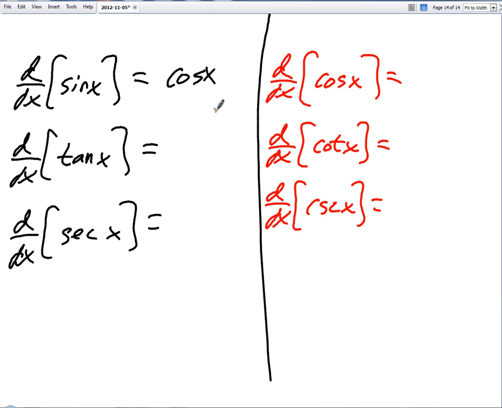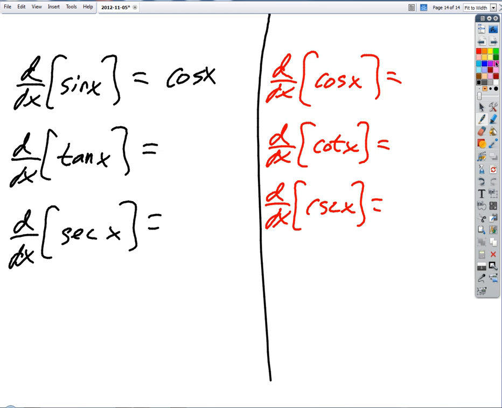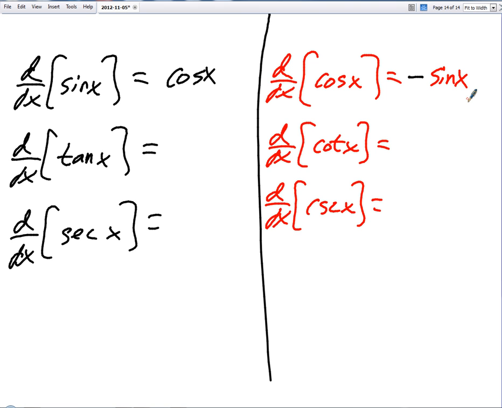See how that works? So we end up over here with a negative sine x. Cosine pairs with sine. So if I know this one's a freebie, I can predict what the outcome's going to be. The other cousin of cosine is sine, but I got to put a minus sign in front if I'm taking the derivative of cosine, right?